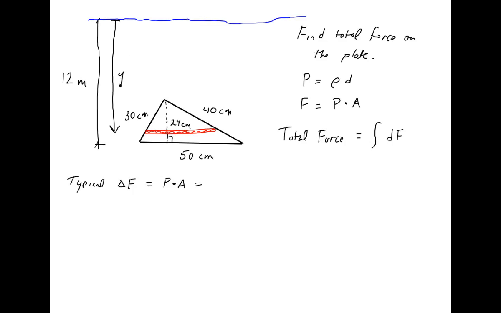We'll call the depth Y. And then we've got what? The width of this strip, because it's going to be our pressure, whatever pressure is, times what? A will be width times, what will that be?